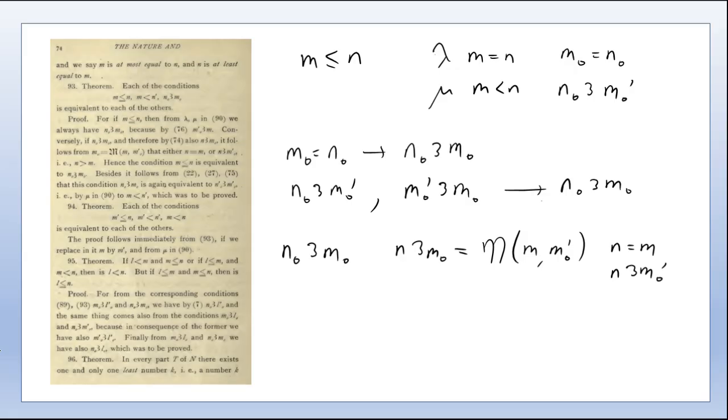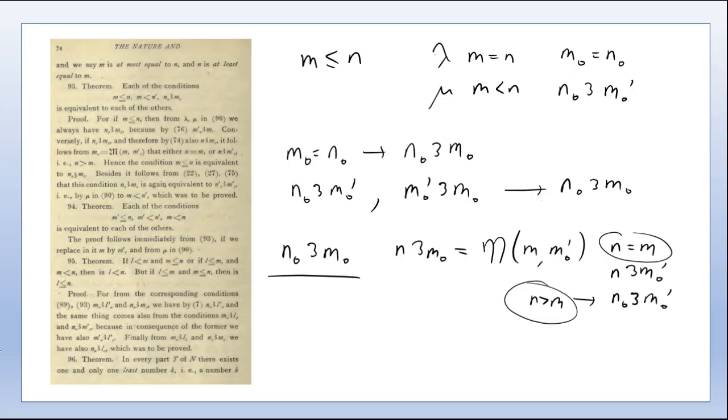If n is a part of the transform chain of m, then n naught is a part of m naught primed, because m naught primed is a chain. So in this case, we've got n is greater than m. So if n naught is a part of m naught, then either n is equal to m, or n is greater than m, and therefore n is at least equal to m, or m is at most equal to n, whichever you prefer.